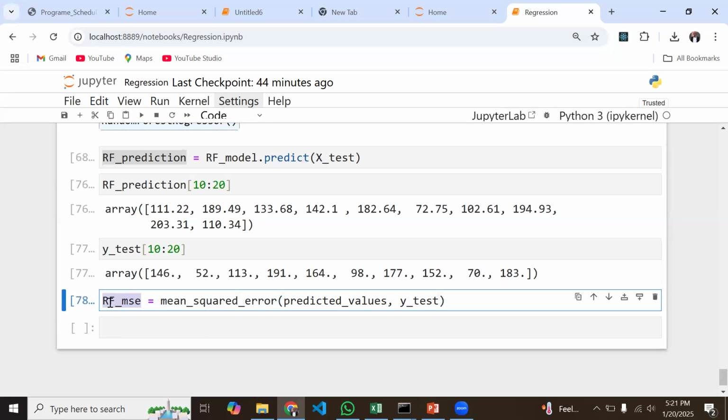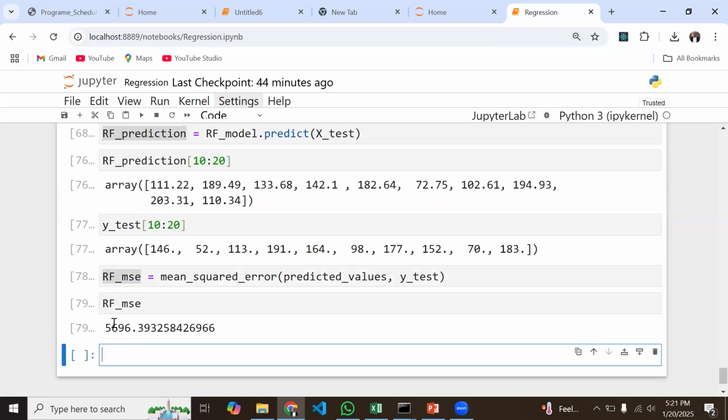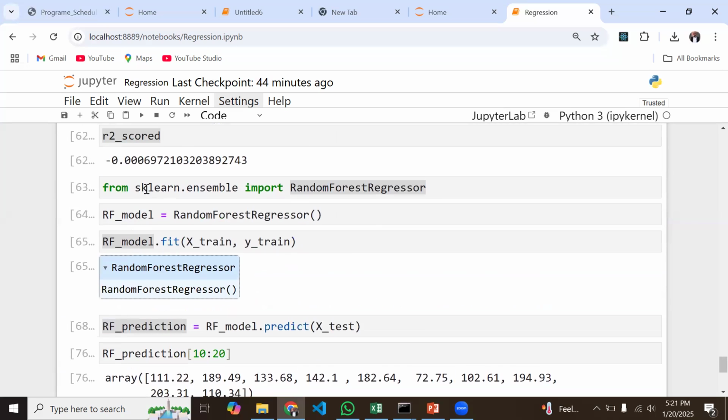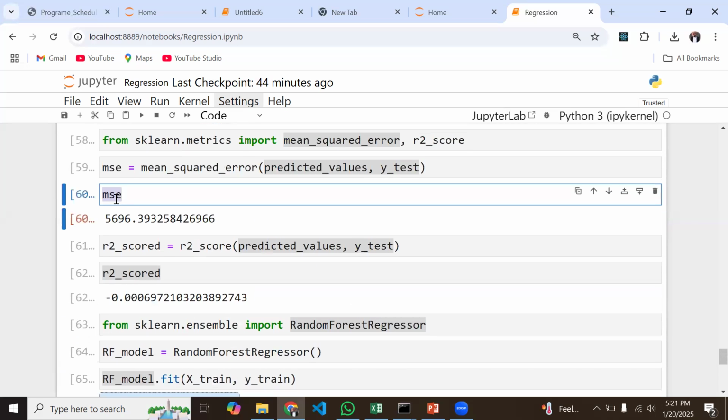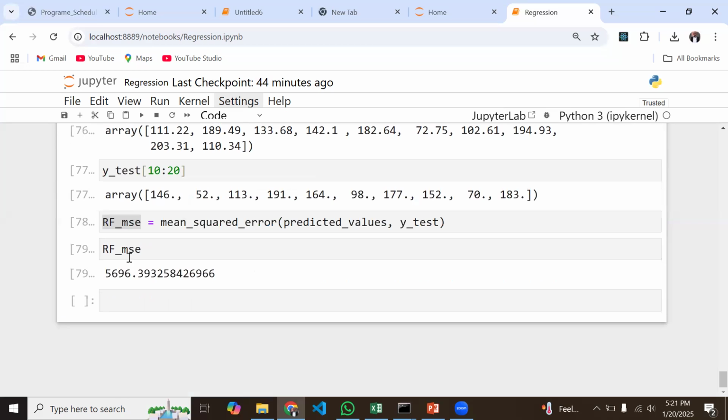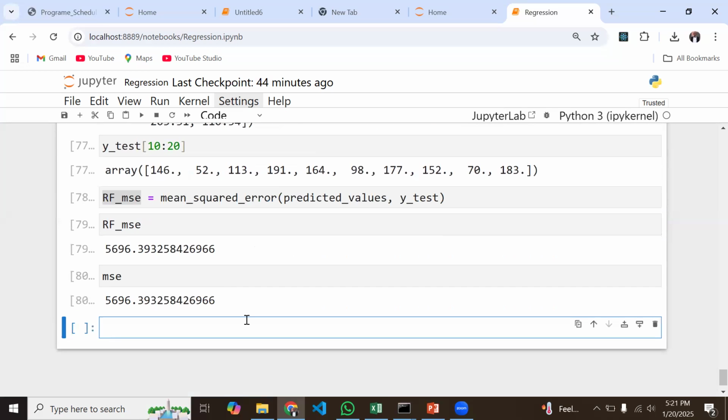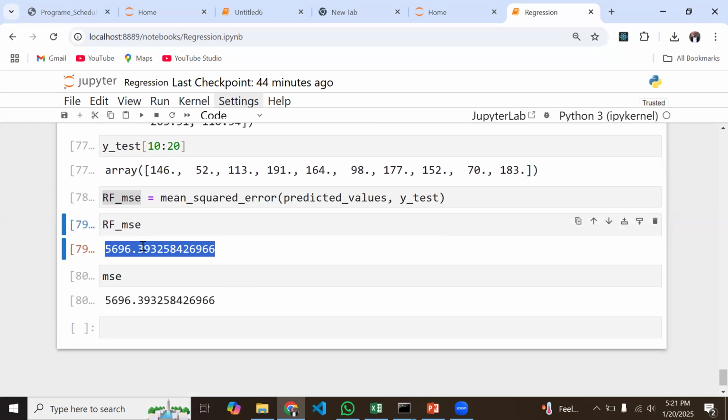So if you had to run this and now do a comparison with the one from the decision tree, I don't know, the values are the same.